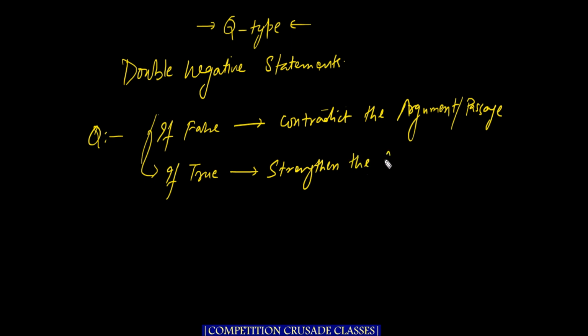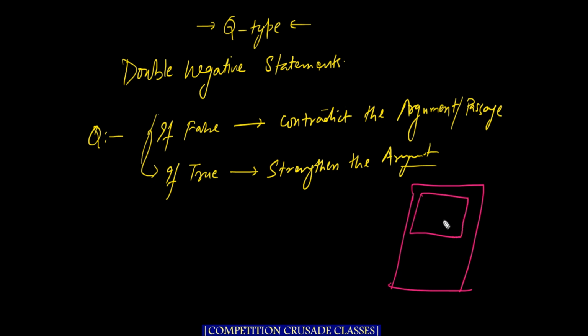the argument. Now please understand, I have already explained to you in the previous CR primer class that any argument in critical reasoning is basically a paragraph that has a premise which leads to a conclusion, and in between the premise and the conclusion there are logical links.